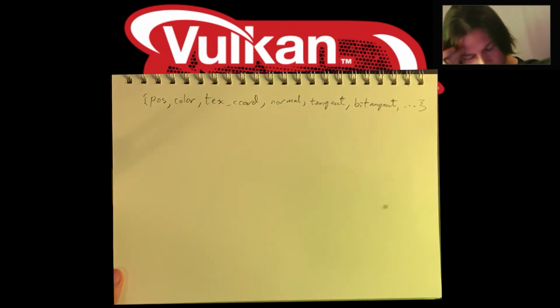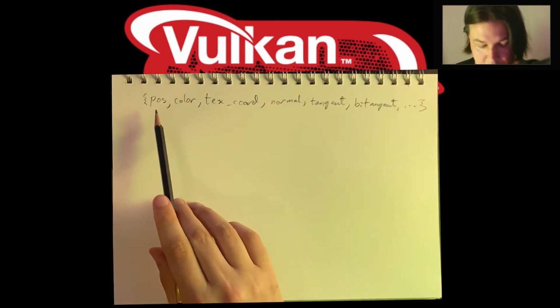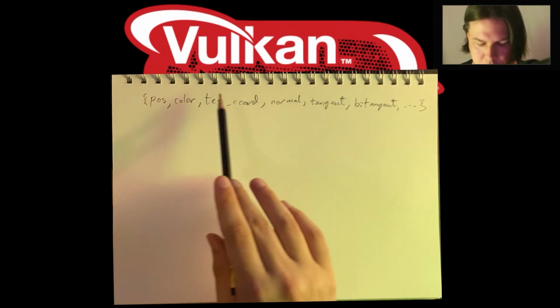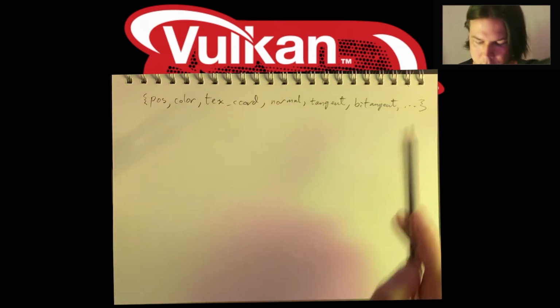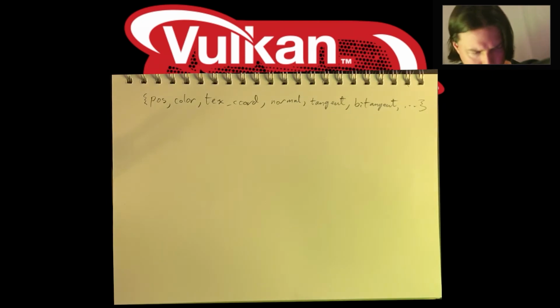Now, each of these attributes, you may remember from OpenGL, each attribute that we put in for a vertex must be between 1 and 4 dimensional. So what we need to do is take this information for each vertex and somehow pack it into something that our shader can read.